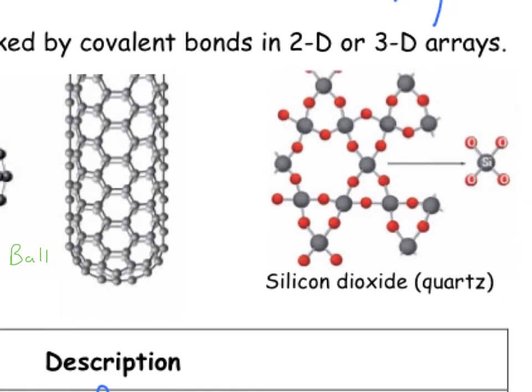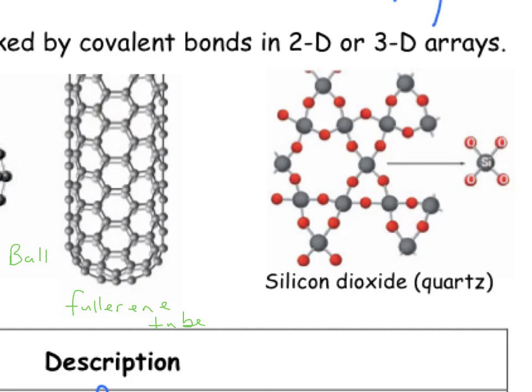And this last form of carbon here is known as a fullerene tube, more commonly known as carbon fiber. Here we have that hexagonal shape of carbon, and it's arranged into a hollow tube-like structure.